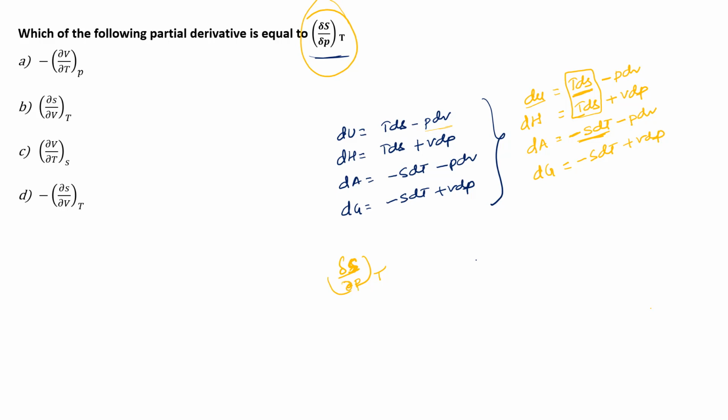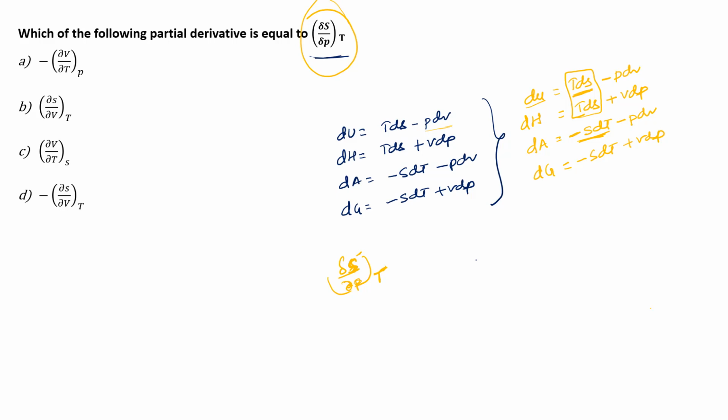Then this del P should come from one part of the equation, and the constant T will come from the first part, where S was independent of the differential.